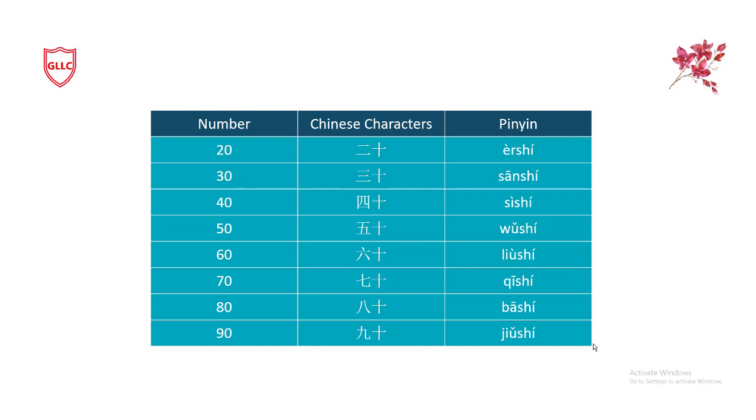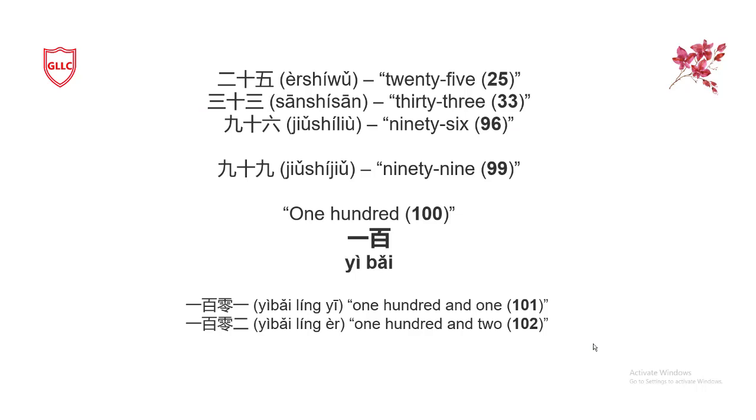If you say 21, as I showed you previously, 21 is 二十一, 2 times 10 plus 1. Now moving forward, here are some more examples. 25 means 20, meaning 2 times 10, plus 5. So 二十 and wu is 5, so we can make it 二十五.